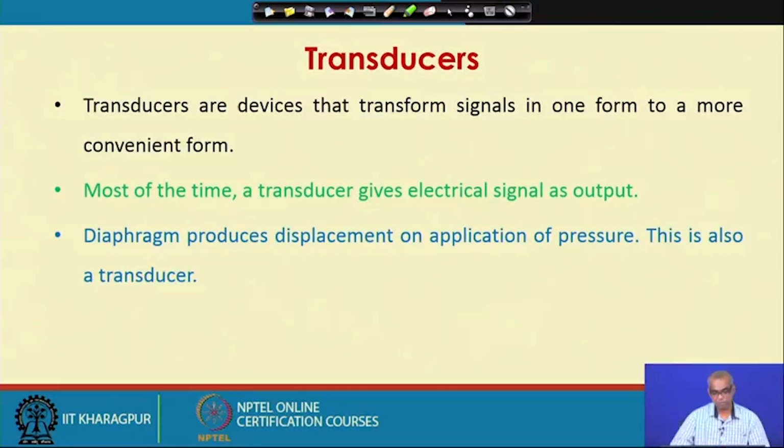Let us say a diaphragm will produce displacement on application of pressure. So, if I consider a diaphragm like this, say a thin metallic diaphragm, and let us say it is a closed container, I apply pressure. So, if I apply pressure, the diaphragm will deflect like this. So, it deflects by this amount.